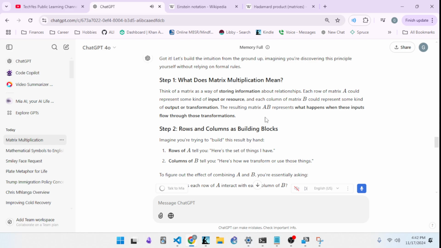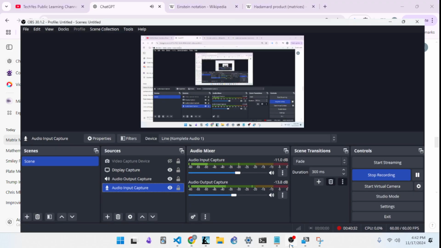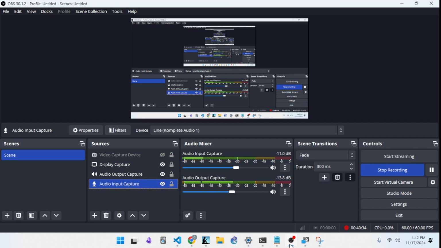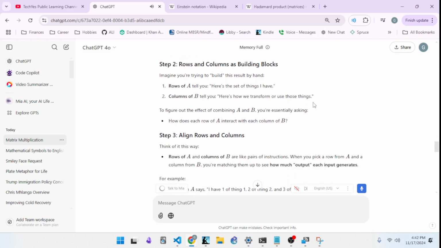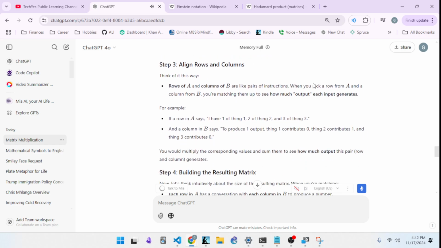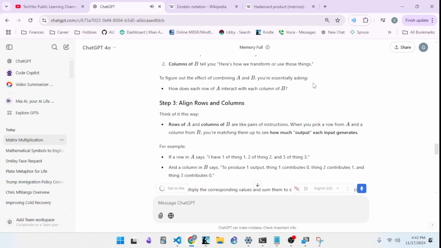The resulting matrix AB represents what happens when these inputs flow through those transformations. Step 2. Rows and columns as building blocks. Imagine you're trying to build this result by hand. 1. Rows of A tell you, here's the set of things I have. 2. Columns of B tell you, here's how we transform or use those things. To figure out the effect of combining A and B, you're essentially asking, how does each row of A interact with each column of B?